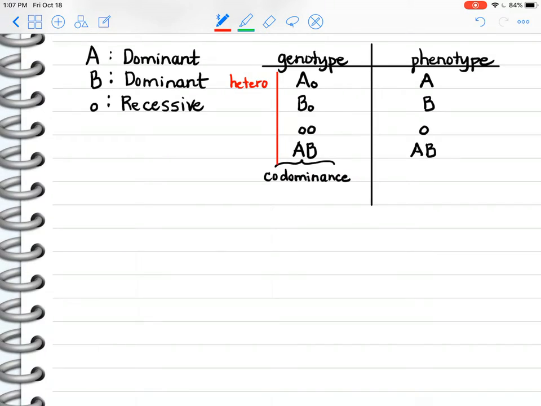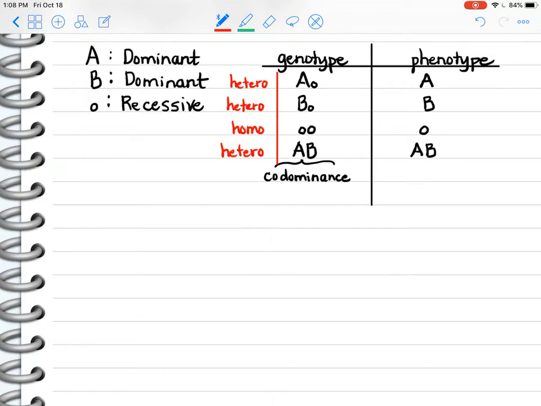So that's a heterozygous genotype. Same with the second. You've got a B and an O, that is heterozygous genotype. They do not match. When they match, like this one, that's called a homozygous genotype. And then this one, of course, is hetero because A and B do not match. They're different letters.